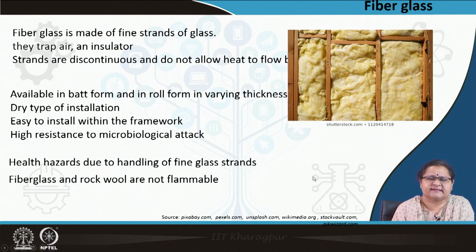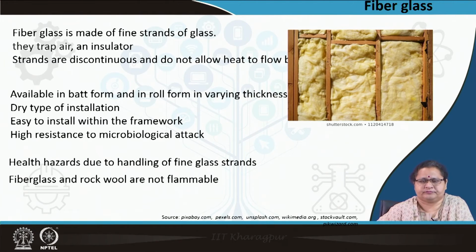Similar to fiberglass, we have rock wool, we have mineral wool, we have slag wool. They are all having similar kind of R values between 3.5 to 4, and these are obtained by heating stone. You get rock wool, you can get mineral wool in a similar way. You get slag from iron ore from different mineral industries.